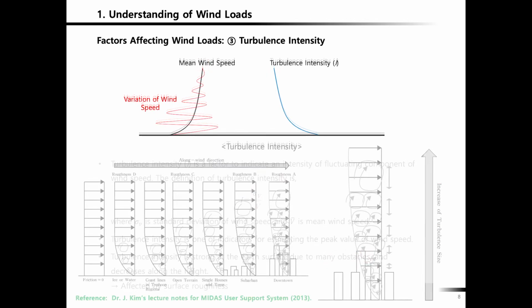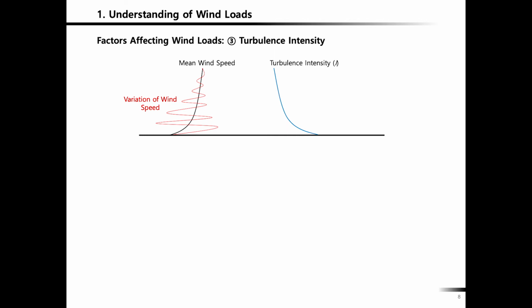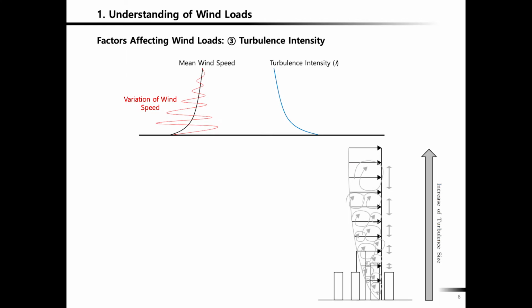Okay. So turbulence intensity, that's a variation of wind speed, so that the turbulence scale is larger at upper stories, like at a higher location. But then variation is smaller at larger height.